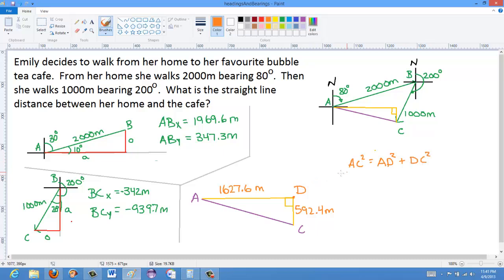This is just the Pythagorean theorem. So AC squared is equal to 1627.6 meters squared plus 592.4 meters all squared.